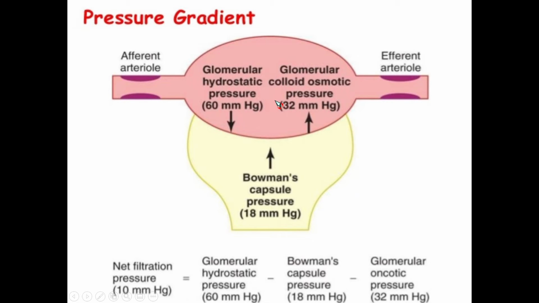So efferent arteriolar constriction has a dual effect. Initially, it will increase the GFR, and later on, it is going to decrease the GFR. That decrease in GFR is due to the excessive accumulation of the proteins, that is albumin, over here.